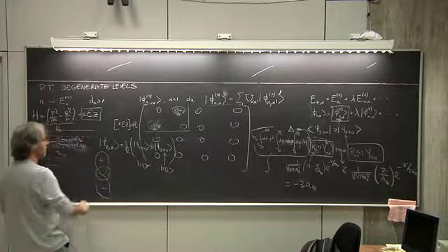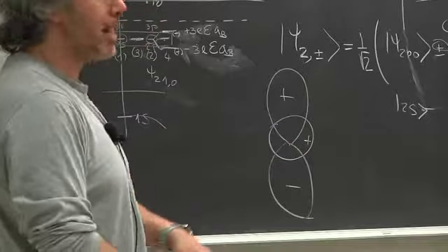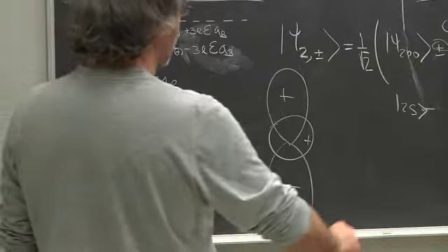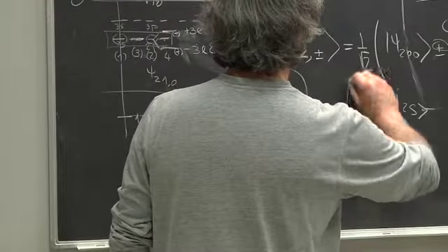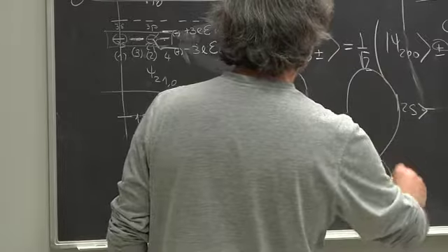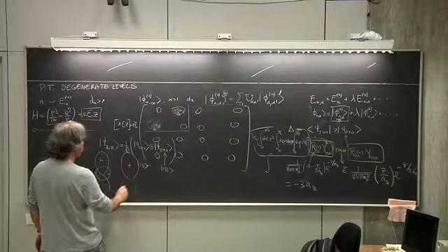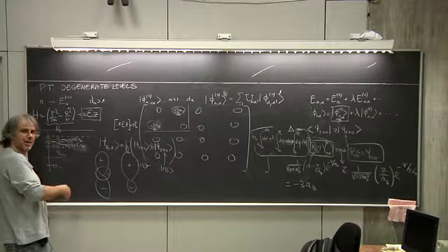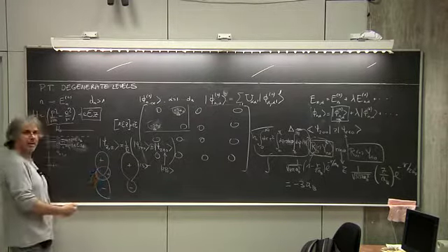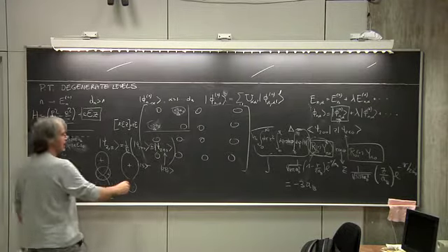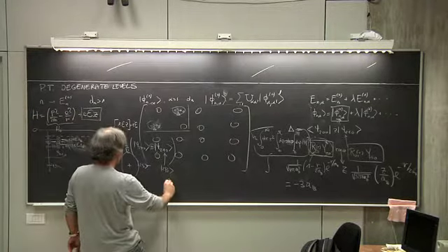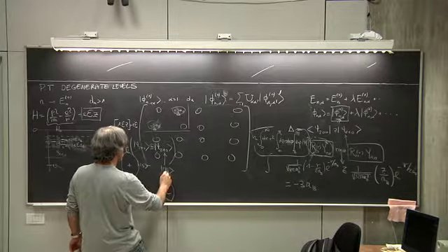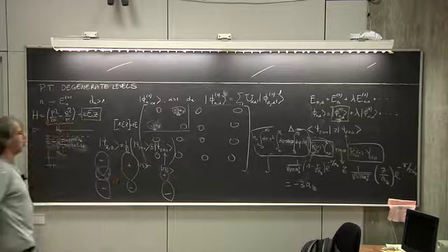This is all positive. So you make two combinations, one with the plus, which somehow makes this part bigger, and one with the minus. The one with the plus is something like this, so there is more wave function in this upper part, and the one with the minus is on the contrary something like that. There's more wave function in the down lobe.